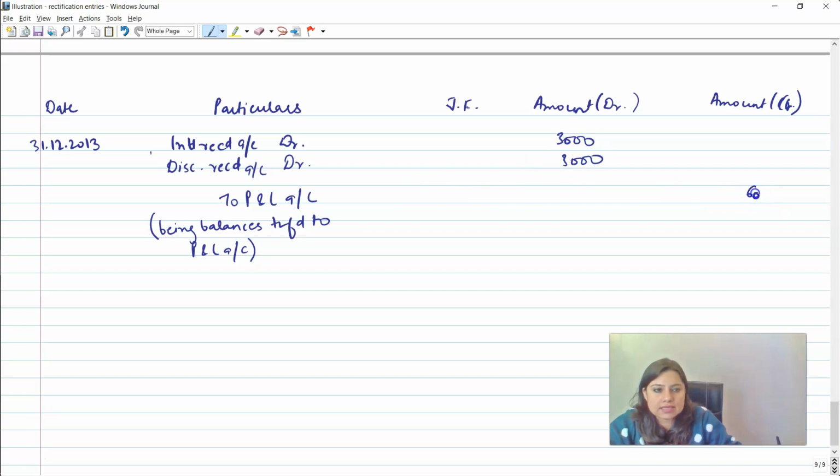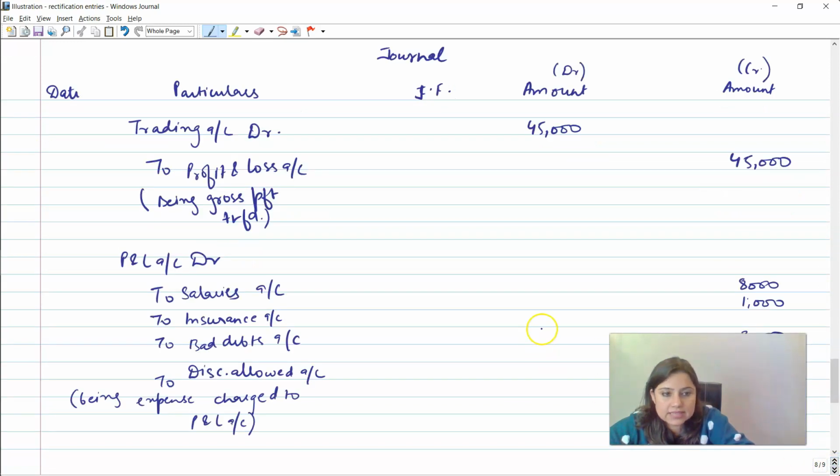So now let us ascertain the profit or loss that would be charged in the P&L account. So this is the interest or the incomes that have been received in the P&L account, which is 6,000. The expenses that the business, X Limited, has incurred is 8,000 plus 1,000 plus 7,000, which comes out to be 16,000.